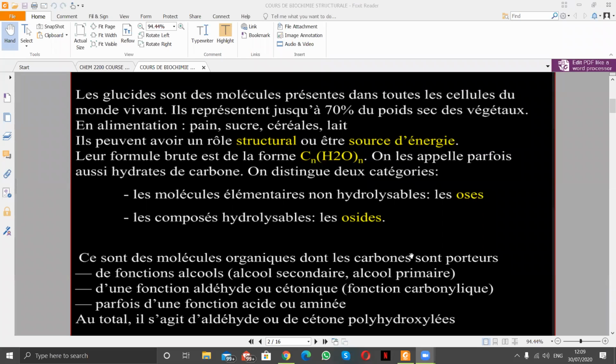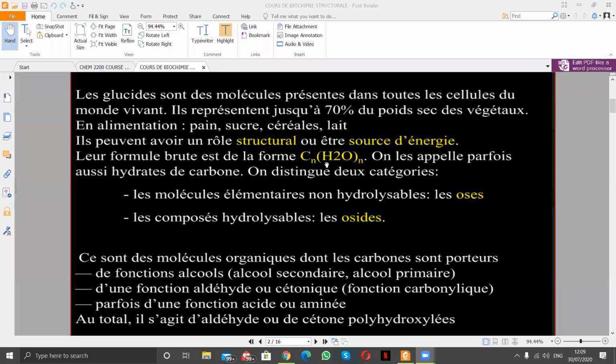A carbohydrate is simply a biomolecule consisting of carbon, hydrogen, and oxygen atoms, usually with a hydrogen to oxygen atom ratio of 2:1. What do I mean?